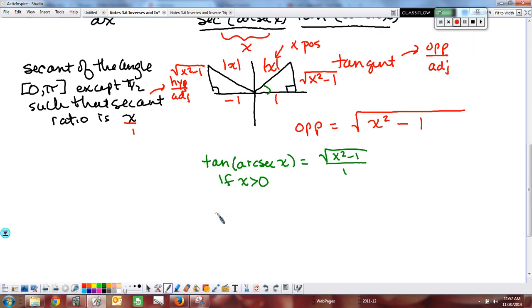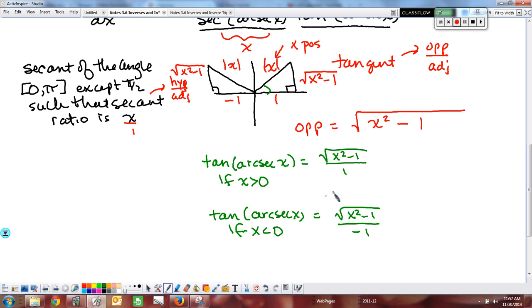However, if x is negative, the arc secant of x, if x is less than 0, then I'm over on this side, and the answer is going to be the square root of x squared minus 1 over negative 1. So we actually get two different answers for that one, depending on if x is positive or x is negative.